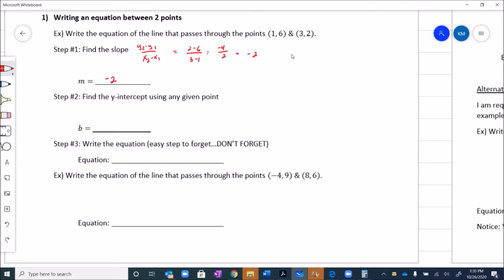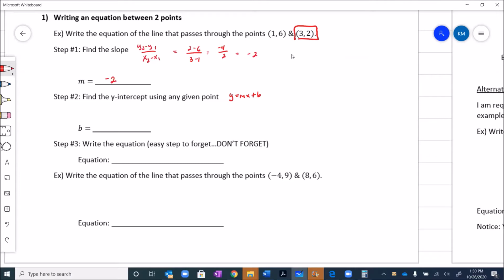Now, from there, we're going to try to find the y-intercept. We'll find the y-intercept here by using either of those points, and then plug it into the equation y equals mx plus b. We can use either of these 2 points, I'm going to use the point (3, 2).